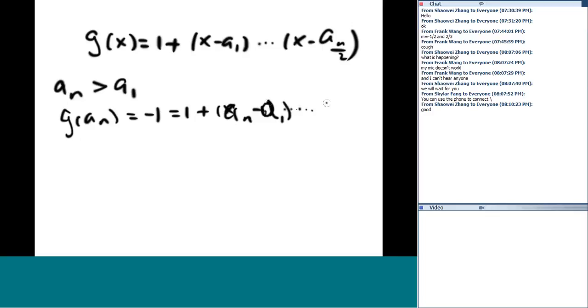So a_n minus a of n over 2. This one is going to be 2. So those many values multiplied together, because they are all different.